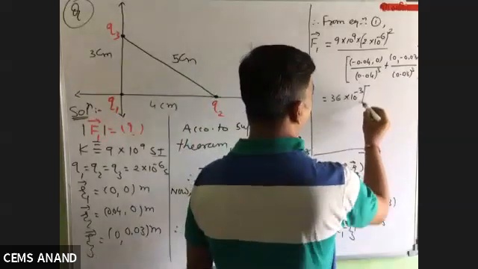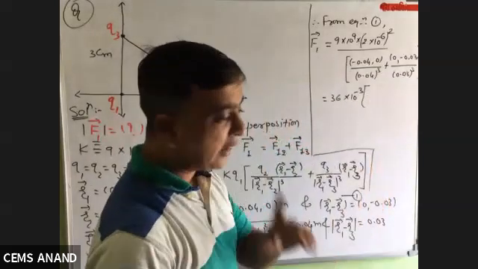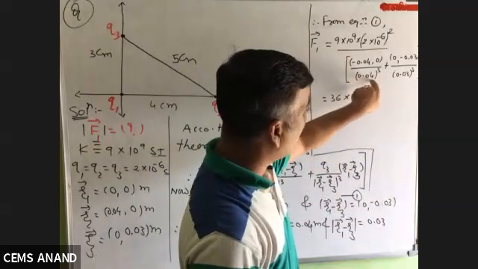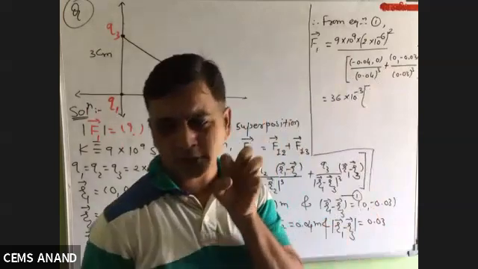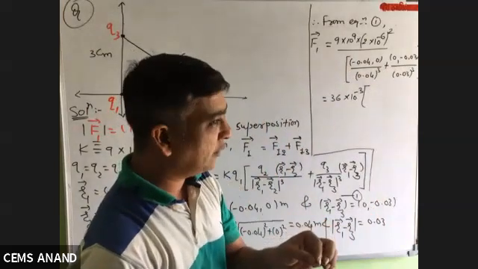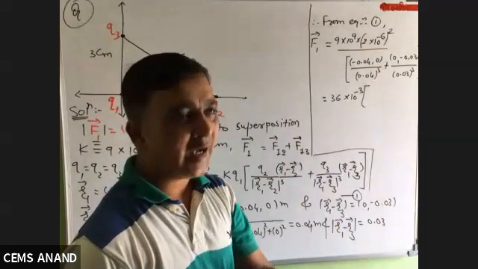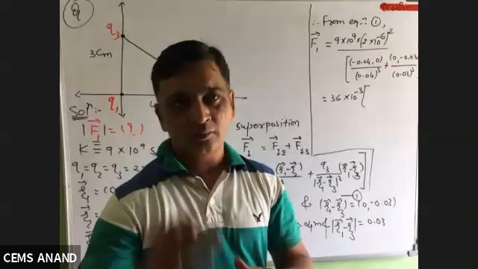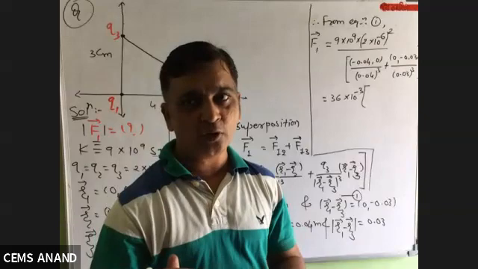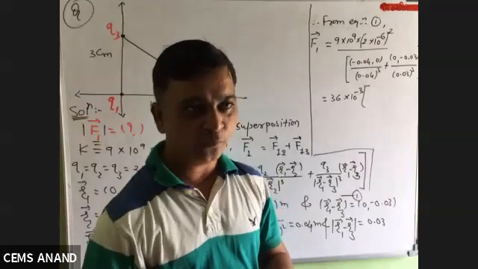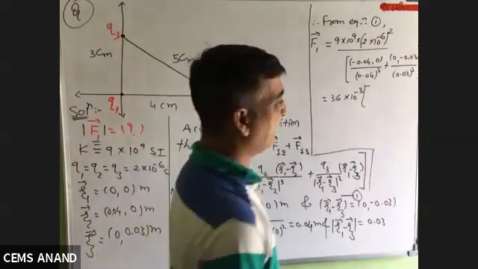Now inside, just do what I say. 1 upon 0.04 cube. Just do this only. 1 by 0.04, by 0.04, by 0.04. Use the calculator as I mentioned. 1 divided by 0.04, take the answer, divide by 0.04 again, and divide by 0.04 again, and you will get your answer for the first case.